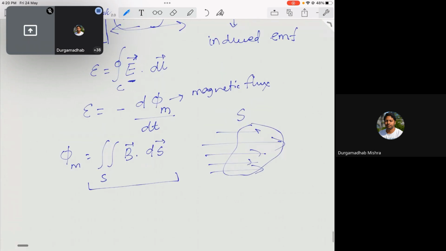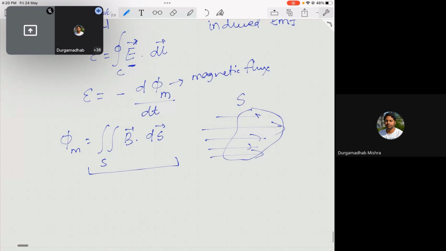So your induced EMF is equal to the time rate of change of magnetic flux.